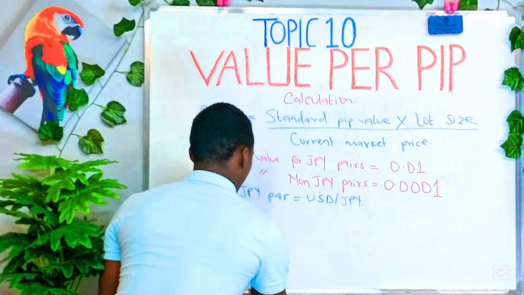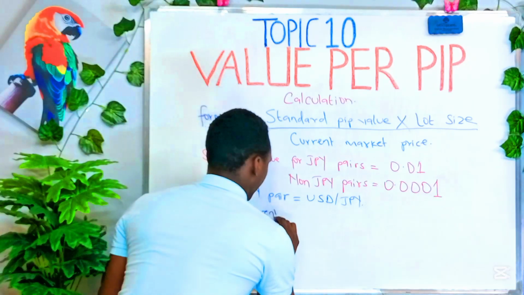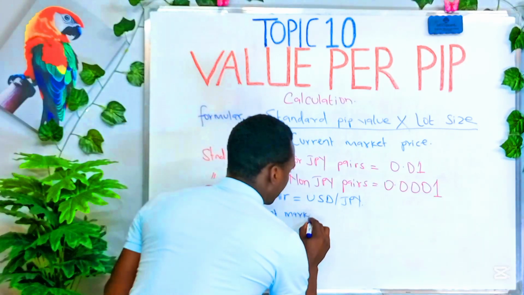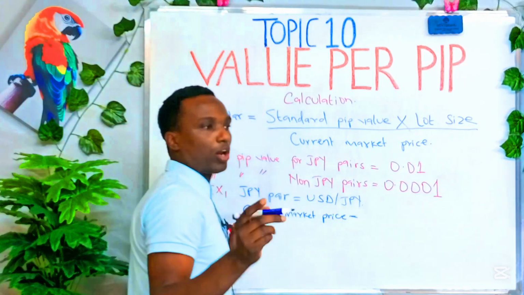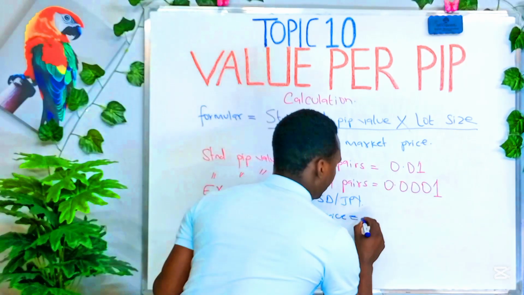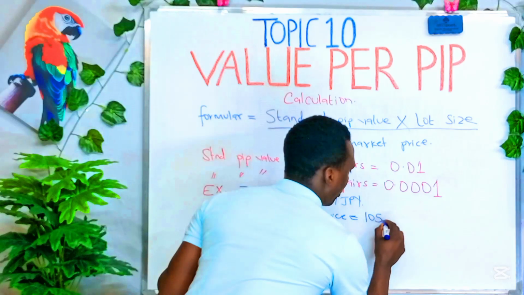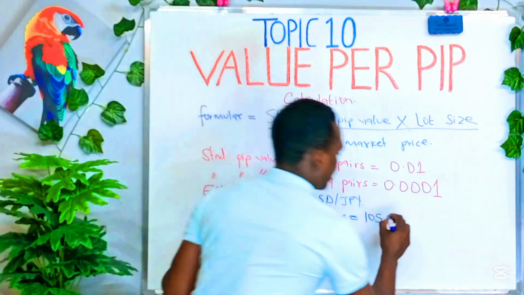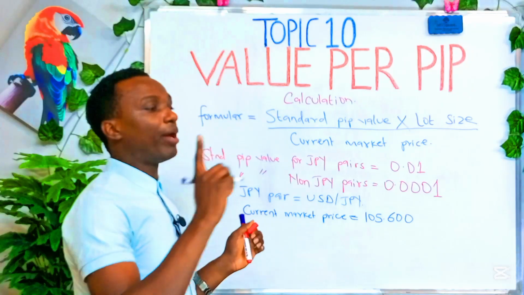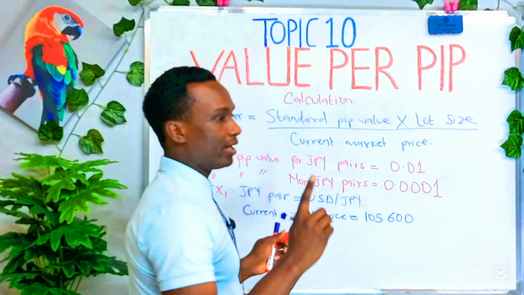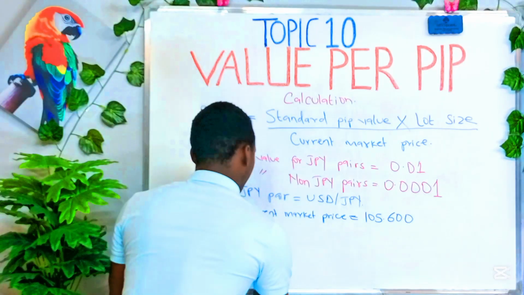The current market price for USD JPY is 105.600. All right?